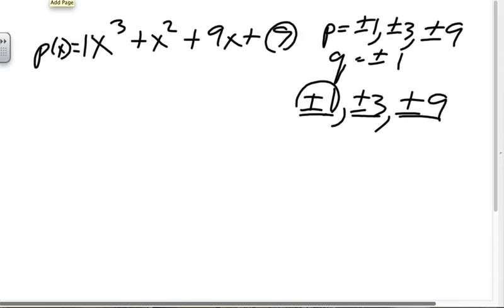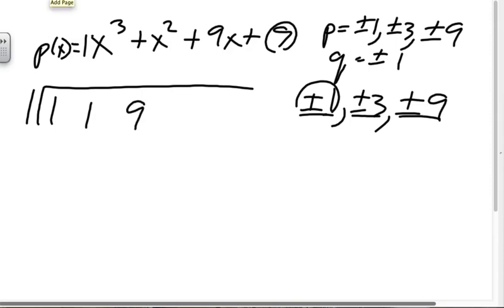So let's do that. Let's check out the plus 1 first. So I'm going to have 1, and then I'm going to have 1, 1, 9, 9. Notice I'm not missing any terms.